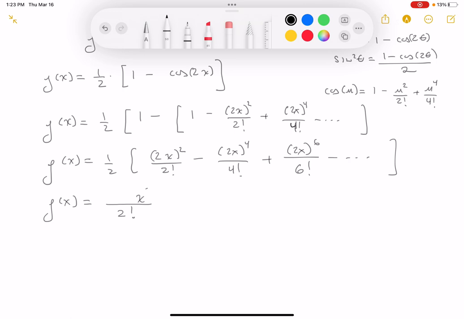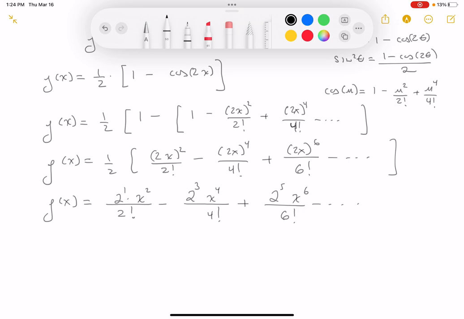You can get x squared, 2 to the 1st power. Let's keep going. Minus, let's see, x to the 4th, 4 factorial, and then you can get 2 cubed. Let's keep going. Plus 6 factorial, x to the 6. That's going to be 2 to the 6 minus the 2 to the 5 now. I think you get the idea.